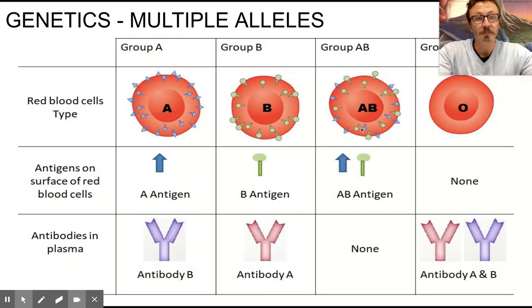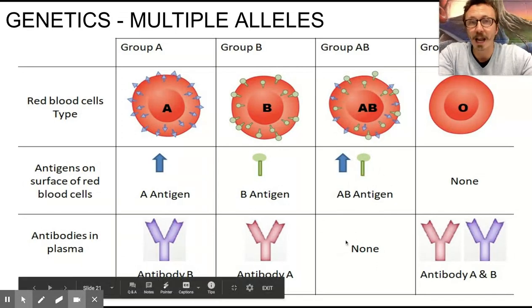Now, if you have type AB, this is where it gets kind of cool, right? AB, remember, is codominant, so both of them are going to show. This blood cell is covered in both A and B molecules, these antigens, right? Now, because this cell is covered with both A and B, there are no antibodies present. So what does that mean?